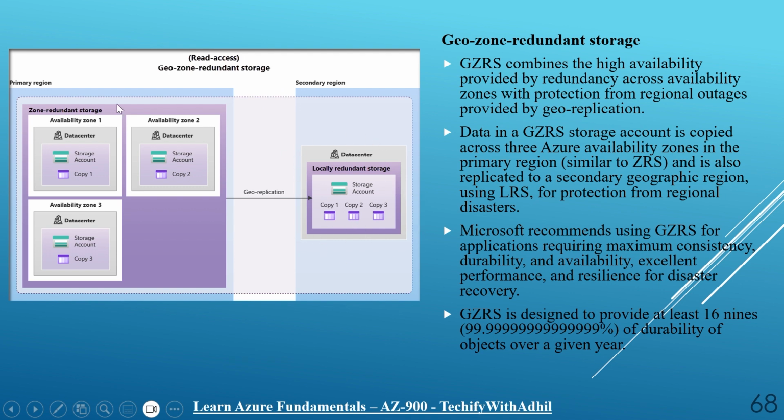So even if all the data centers are down, you can still get data from your second region. And even in the second region, if there is a server rack failure or the network to the rack has failed, then you can still access your data. So it's like a combination of zone redundant storage and LRS together in 2 different regions.